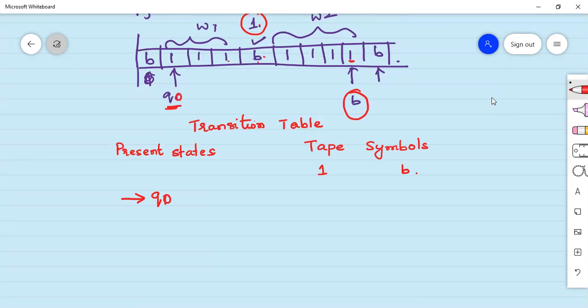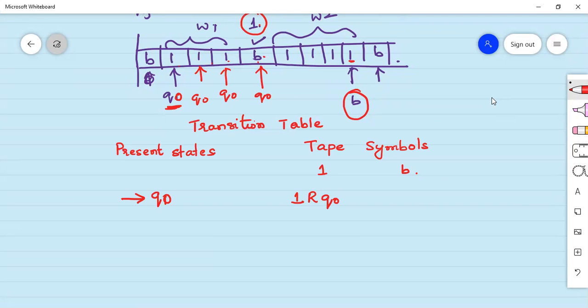So if I start with a Q0, all that I am going to do is move towards right till I come to blank. So whenever you have 1, all that you are going to do is keep that 1 as 1 itself. Move towards right, no need to change state because you are doing nothing, no replacement, no change of action also.